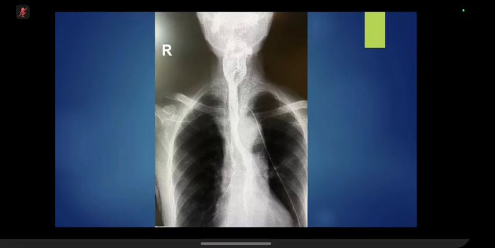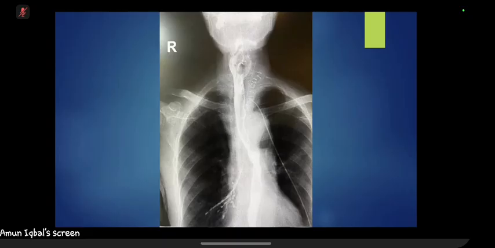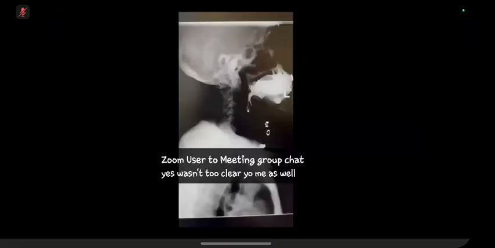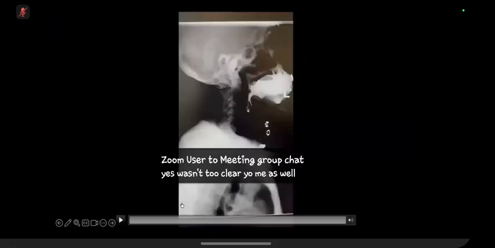I will check if there is any other lateral imaging available to see if the diverticulum has been excised completely or not. Yes, this contrast is seen passing into the chest. It could represent the formation of a post-op fistula or aspiration.